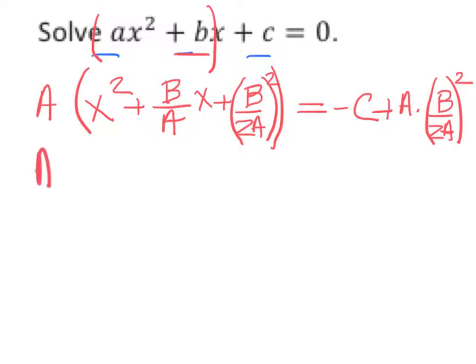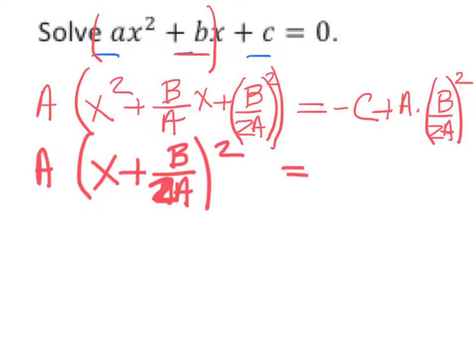Here's a. We need the variable x, the sign from the middle, plus, and remember, half of the middle term was b over 2a. So we have b over 2a, and then quantity squared.